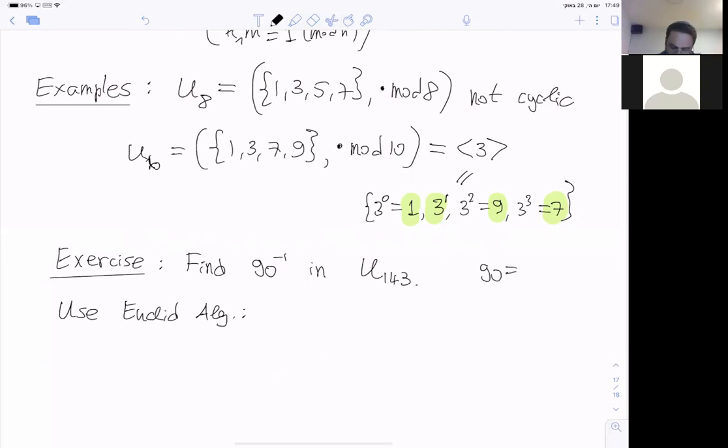Because 90 is 2 times 5 times 3 squared, and 143 is 11 times 13. So they don't have a common prime.